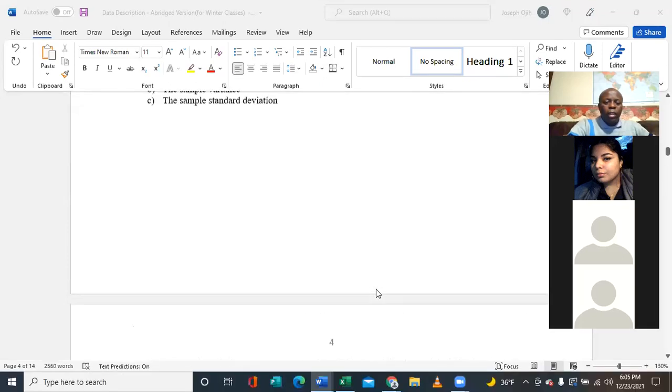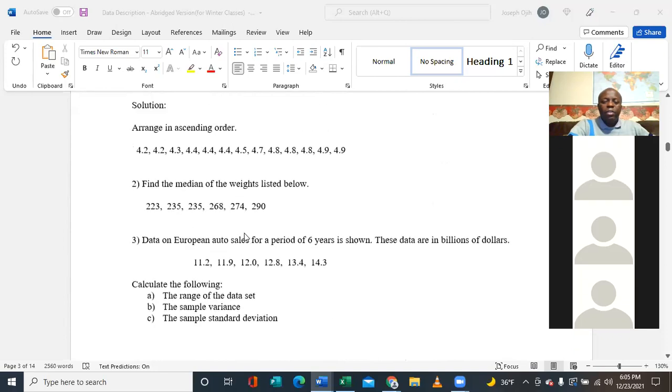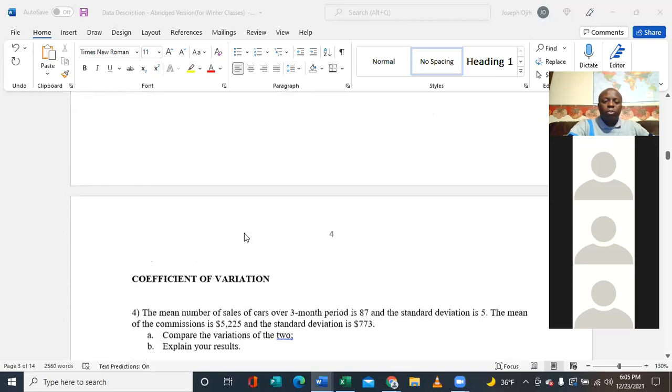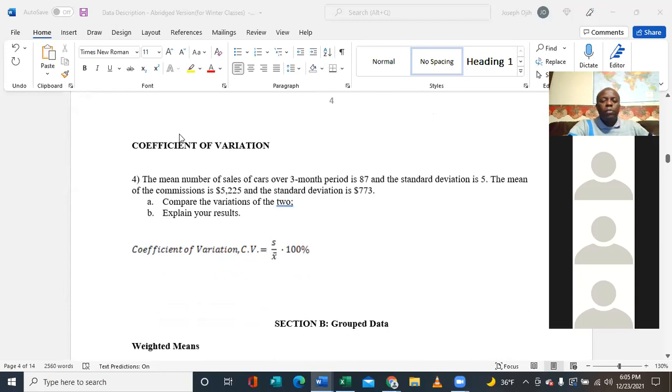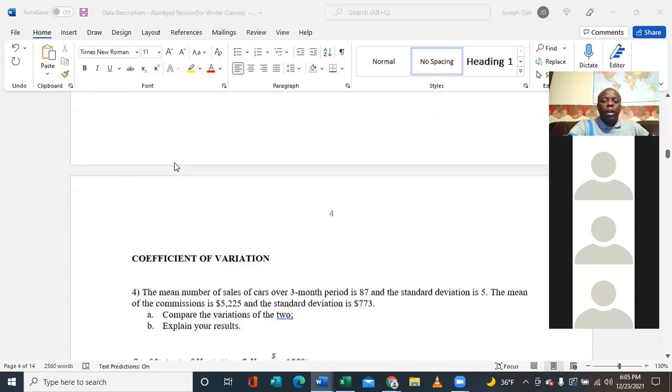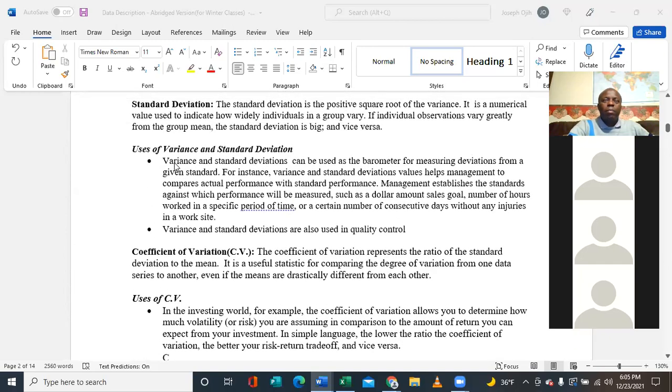The last example we did yesterday was this one here, the variance and standard deviation for ungrouped data. Let us conclude that section by doing this, and then we can go to grouped data. So, coefficient of variation. This is a measure of variation, a ratio that gives us information about two things.